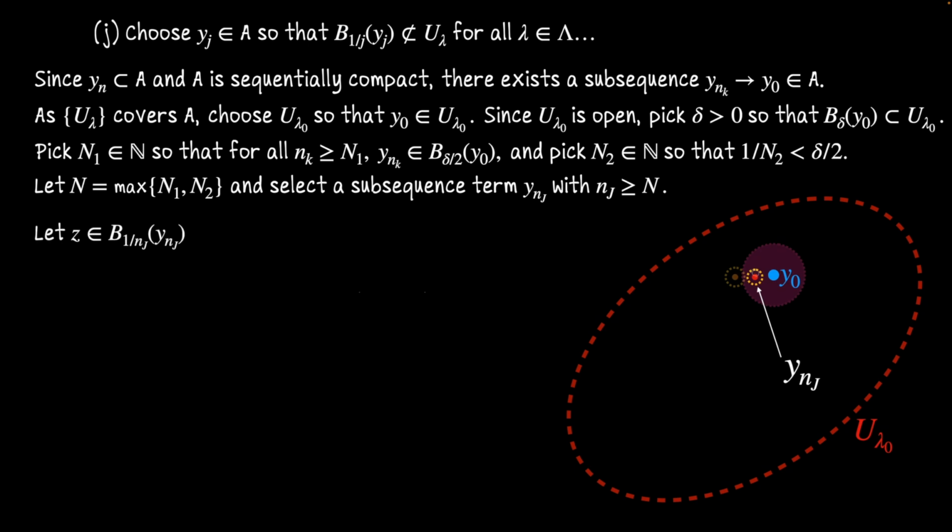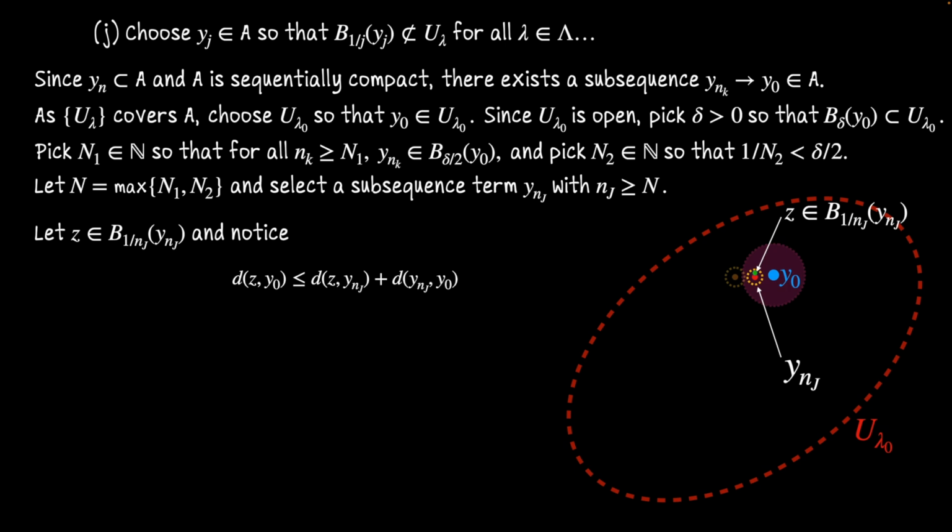So let's identify a point, call it z, from the neighborhood around y_{n_j} of radius 1 over n_j. Here you can imagine z on our picture. How close is z to y_0? By the triangle inequality, the distance from z to y_0 is less than or equal to the distance from z to the subsequence term y_{n_j}, plus the distance from that subsequence term to the limit.